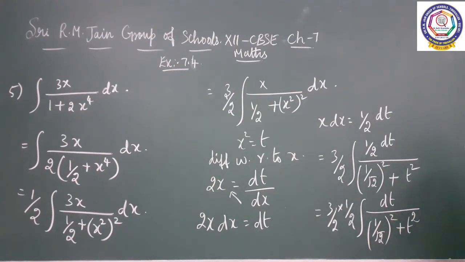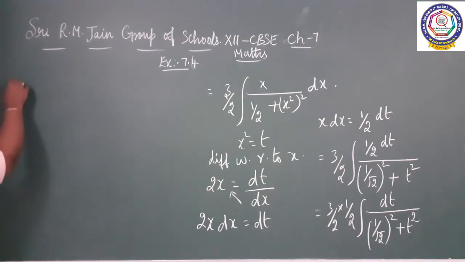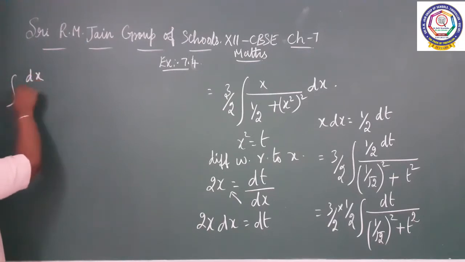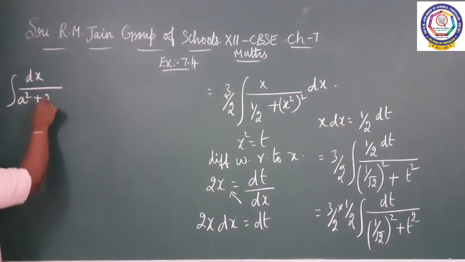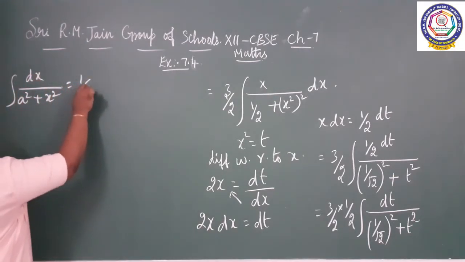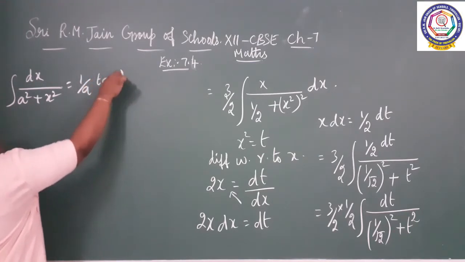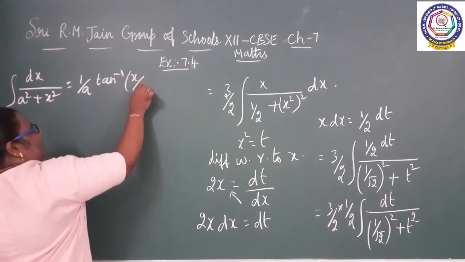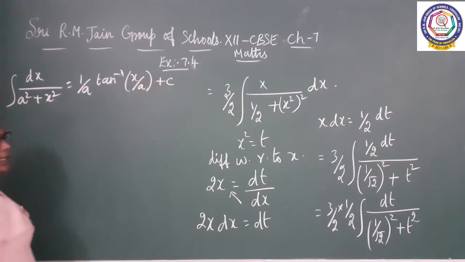So what is the formula for this? Integral dx by a square plus x square equals 1 by a tan inverse of x by a plus c.